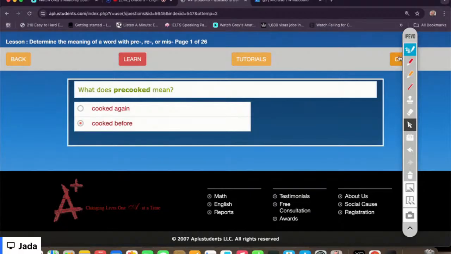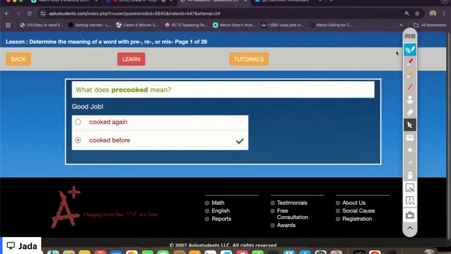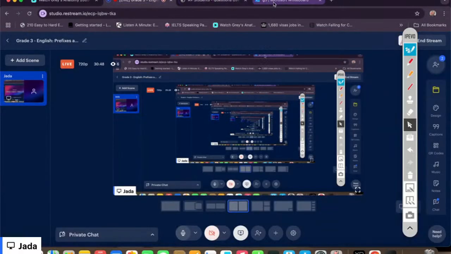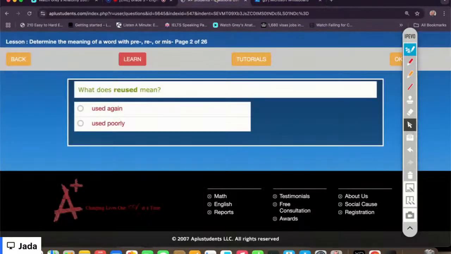So we have cooked before. So what does reused mean? Used again or used poorly?